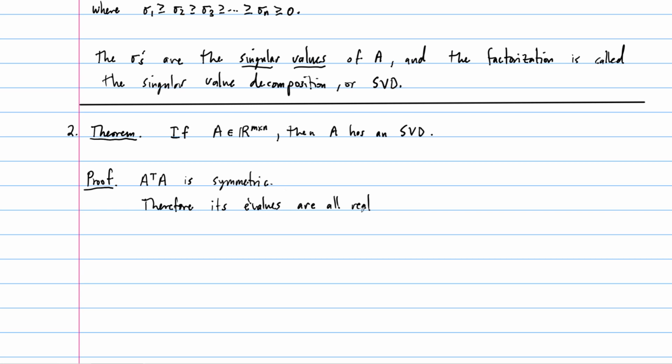But the eigenvalues are all real, and it has an orthogonal diagonalizing matrix. So it can be diagonalized with an orthogonal matrix, right? So this is important. So it has an orthogonal diagonalizing matrix, and this is going to actually be the matrix V.